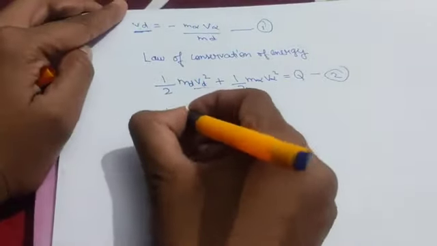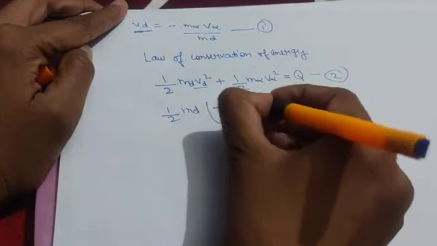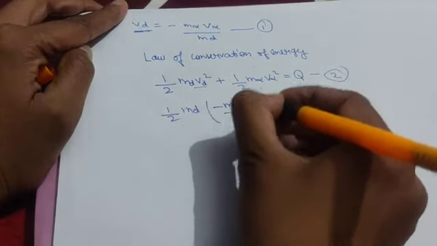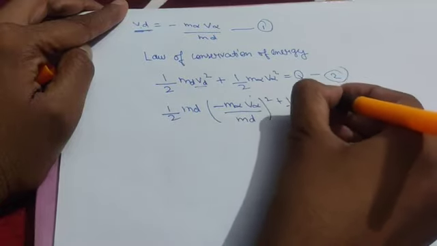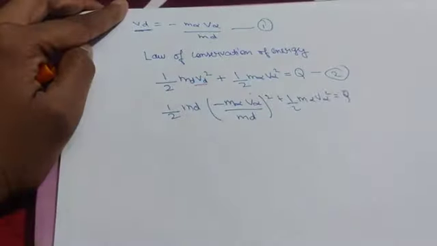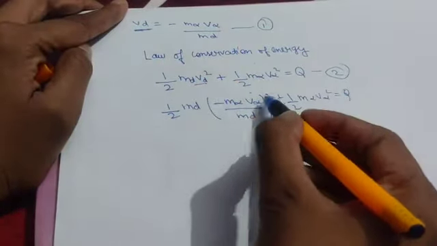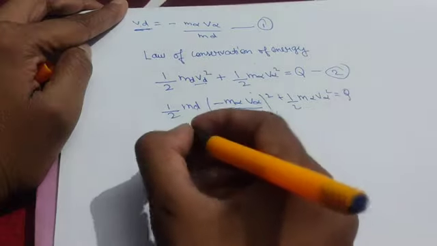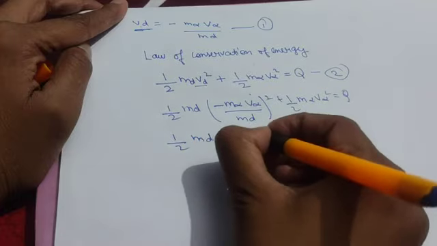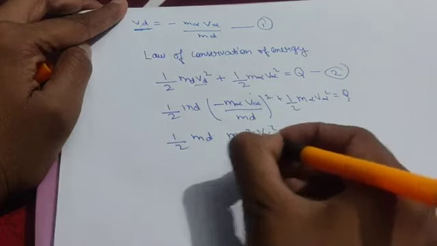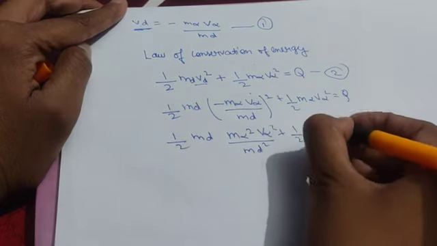So half md times (m alpha v alpha by md) square plus half m alpha v alpha square is equal to Q. We have to take this square: m alpha square v alpha square by md square, and write the other term as it is.